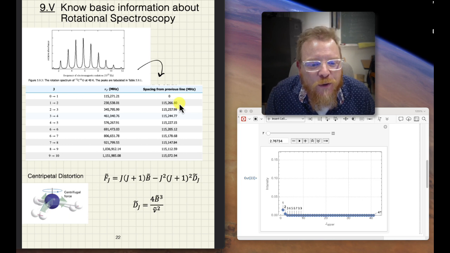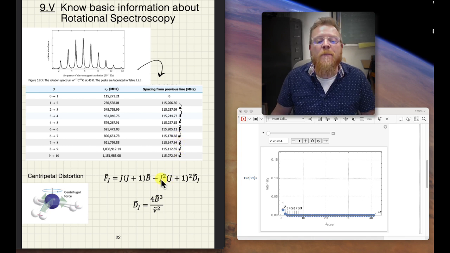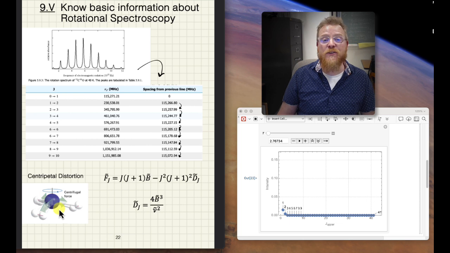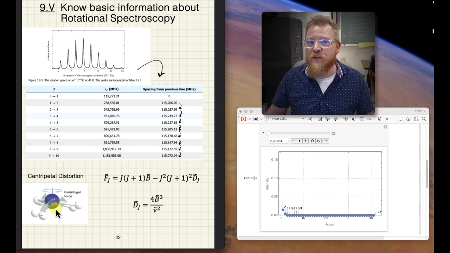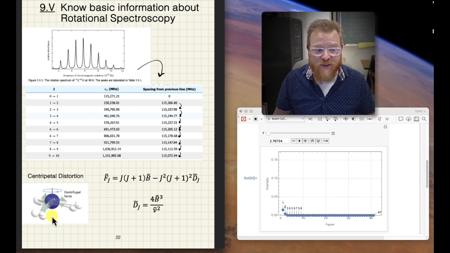And if you compare each of these as we go, what you will see is they are getting closer and closer together. So they're not quite 2 times B. So what's going on there? Well, as it turns out, we can't just rotate a molecule without affecting its bonds.